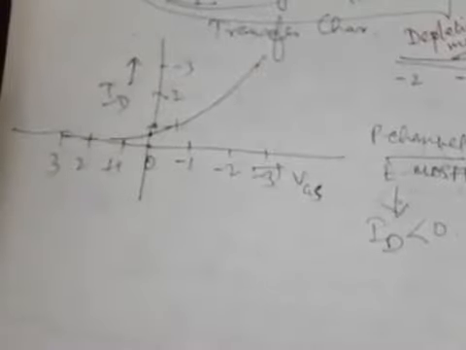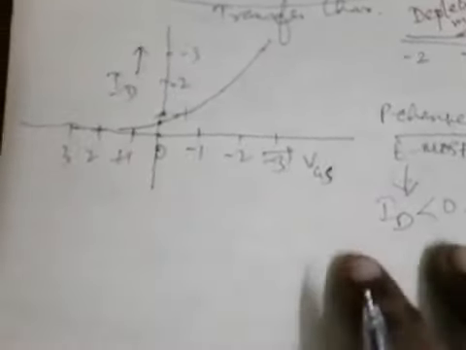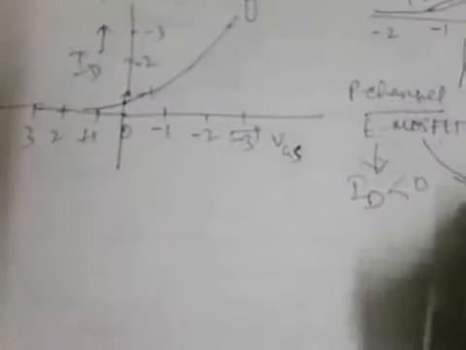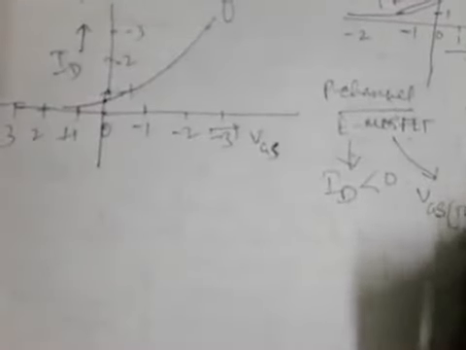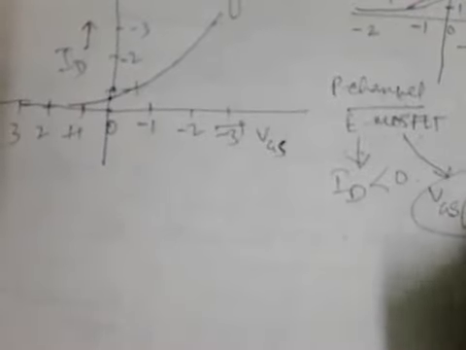The typical value of the threshold voltage is -4 volt for a p channel MOSFET. So this p channel MOSFET may give you a threshold voltage of VGS as -4 volt. So this should be a typical value.